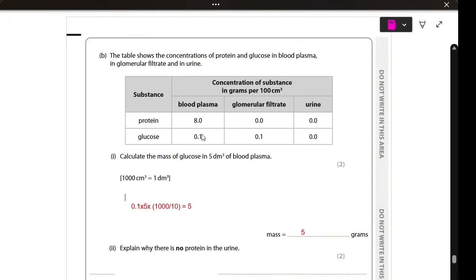There is 0.1 gram of glucose in 100, so in 5,000, which is 5 into 1,000, that is, we are converting dm cube into centimetre cube, 5 into 1,000 divided by 100, multiplied by 0.1. That gives us 5 grams of glucose.